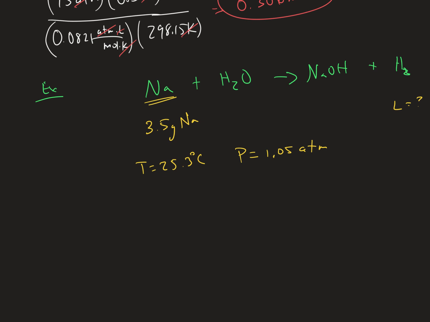So what do we do first? Convert grams to moles. Yeah, we have temperature and pressure, we just need the number of moles, so we can use grams to moles. So we go 3.5 grams of sodium to moles using the molar mass of sodium, 22.99 grams of sodium to 1 mole.